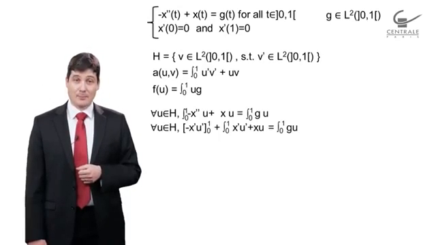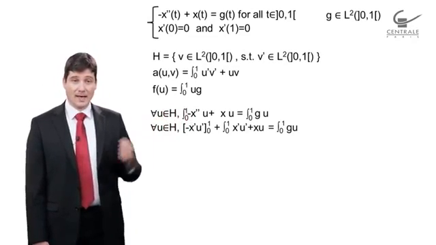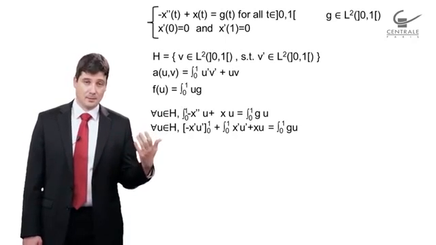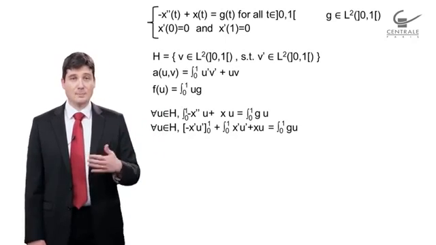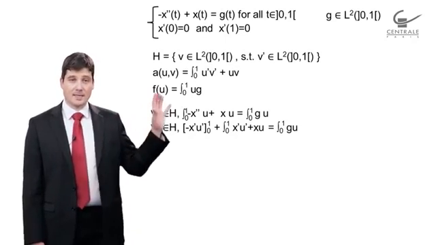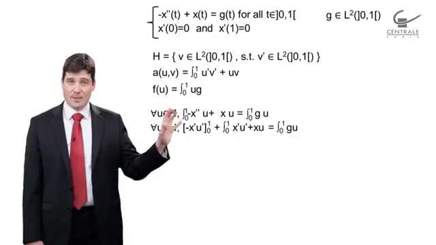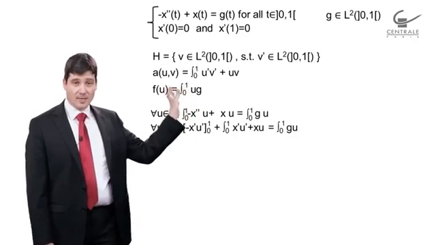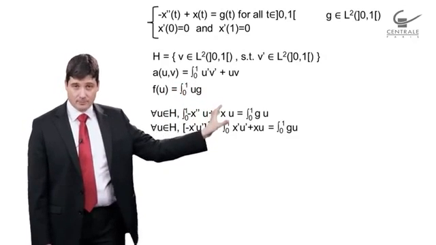Now, I can integrate by parts. The first part of the integral will turn into negative x prime u between 0 and 1. It means that negative x prime u will be evaluated at 1, and then I subtract the evaluation of negative x prime u at 0.